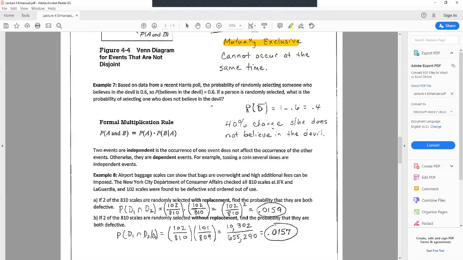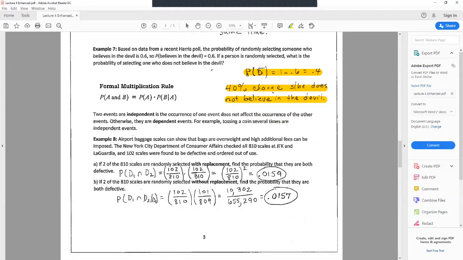If 60% of the population believes in the devil, then 1 minus 60%, or 40%, do not believe in the devil. So if you were to go into a crowd and randomly choose one person, there is a 40% chance that that person does not believe in the devil, because there's a 60% chance that the person does.